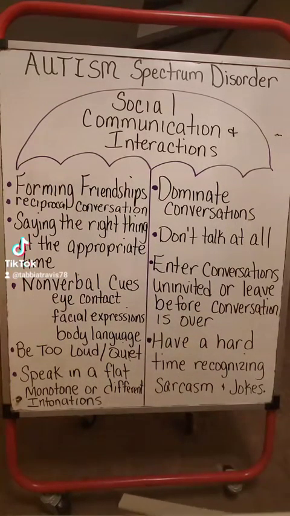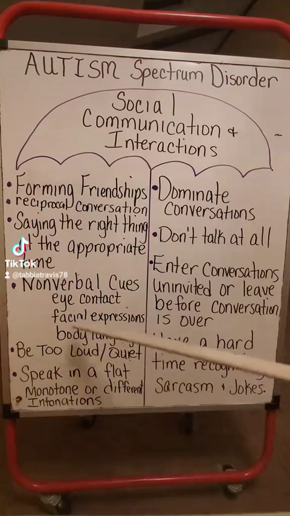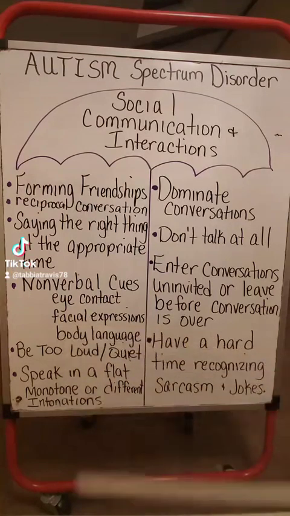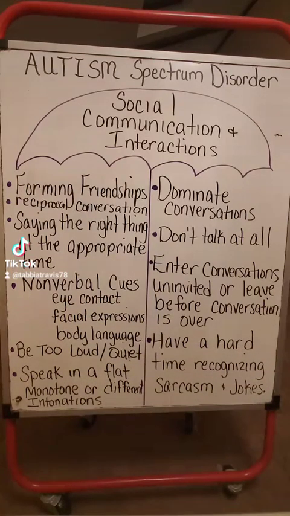When they're having conversations, they have a hard time maintaining eye contact, facial expressions. They have a hard time using appropriate facial expressions during conversations. For example, they might have a flat affect or a serious look on their face when you're telling a joke or talking about something serious. And at times they might have a smile or an over-exaggerated look on their face when you're talking about something serious or sad.